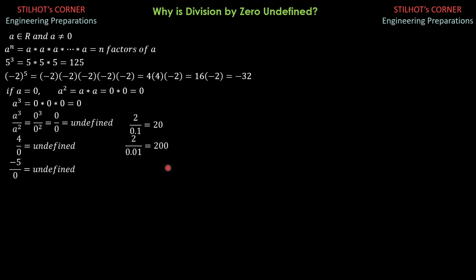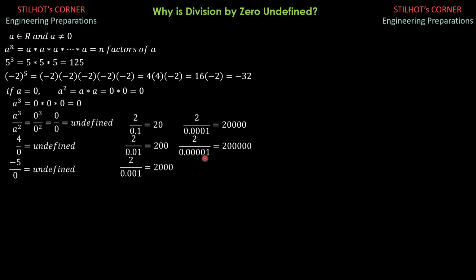So 2 over 0.001 is 2000. 2 over 0.0001 is 20,000. If we add more 0s in the decimal of the denominator, that would be 200,000.